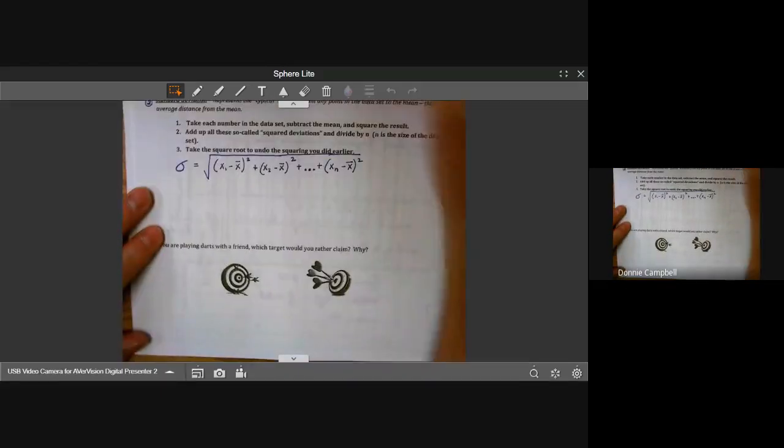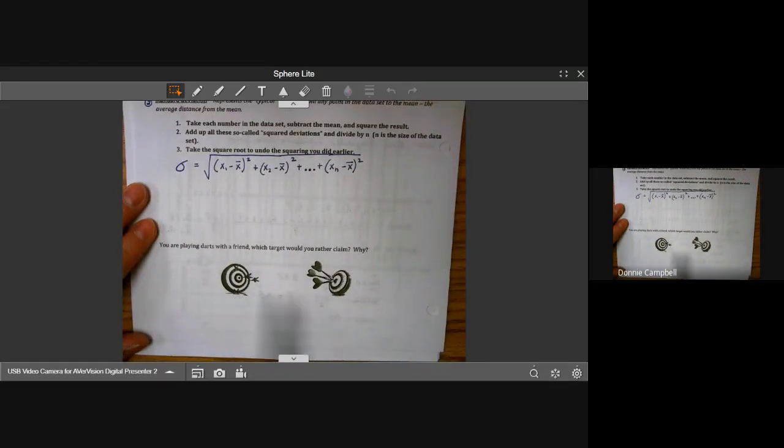Okay? And let's talk about dispersion real quick. I mean, if you were a dart thrower, which one would you rather have? Okay? Would you rather have this one here, or would you rather have that one there?